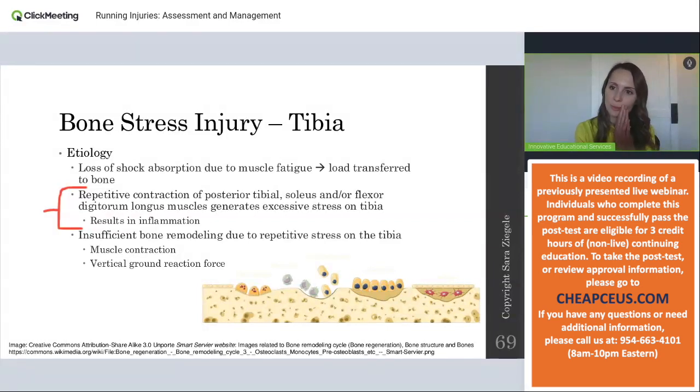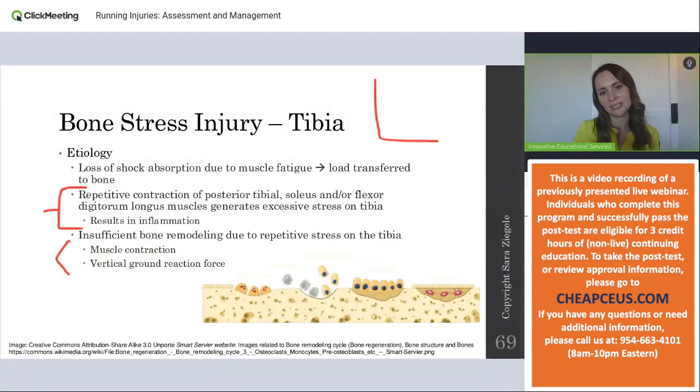But now they're learning more and more that some of the bone stress is from the high muscle activity that's pulling on the bone when the impact is occurring. So the actual muscle contraction and that stress on the bone can be a contributor to the underlying stress fracture as well. When the bone is not able to remodel, then that's when we start to get this breakdown.